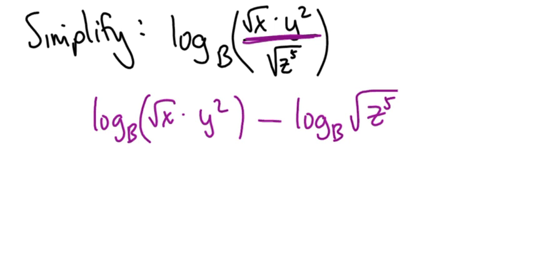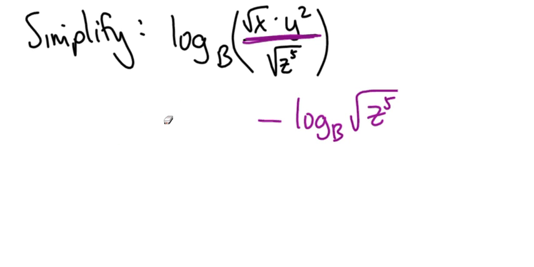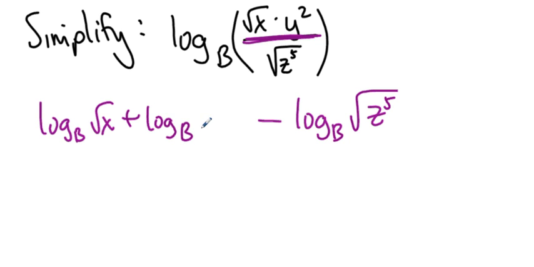So now I know that I can add these logs together, so I've really got the log base b of radical x plus the log base b of y squared minus the log base b of radical z to the 5th.